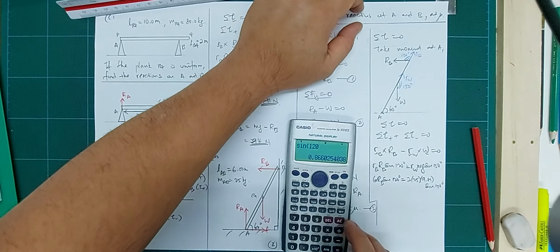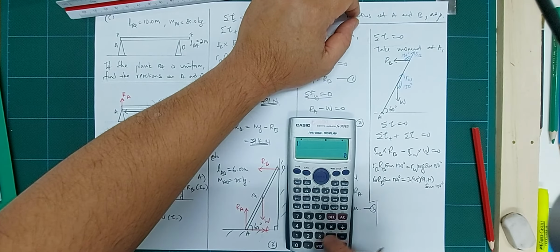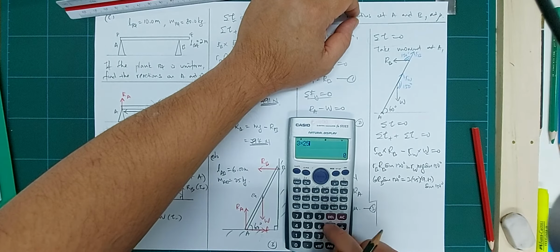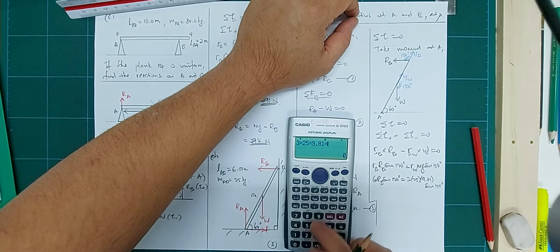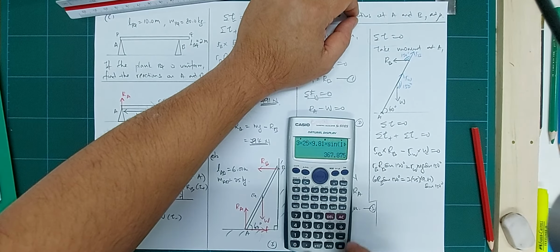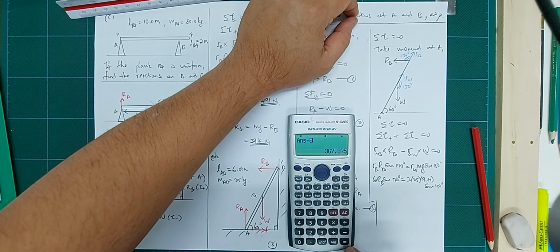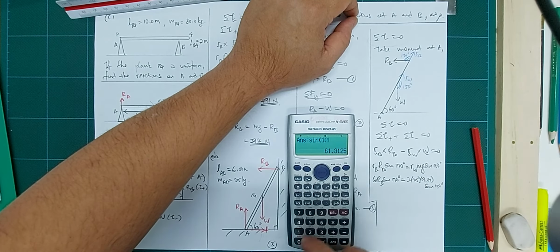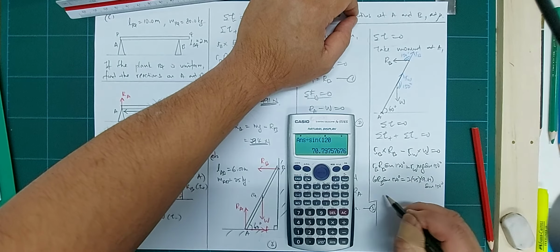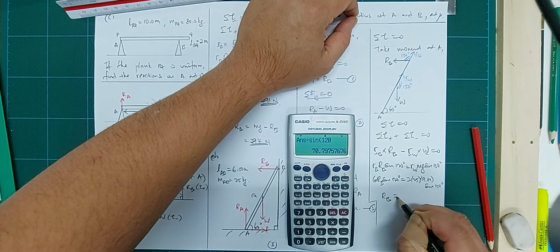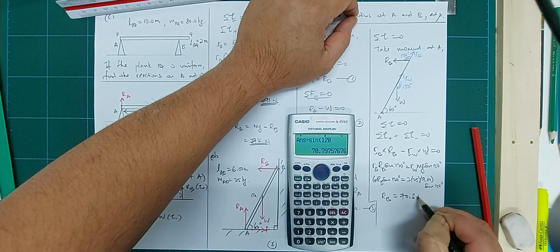So from here everything we calculate straight. 3 times 25 times 9.81 times sine 150. You get this, divide by 6 and then divide by sine 120. Alright, so the answer is RB is equal to 70.8 Newton.